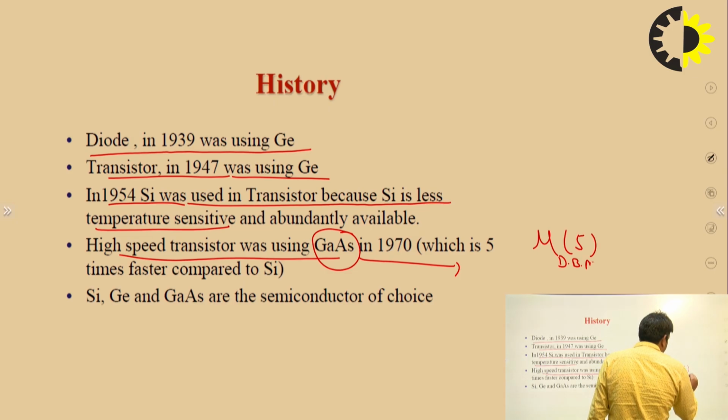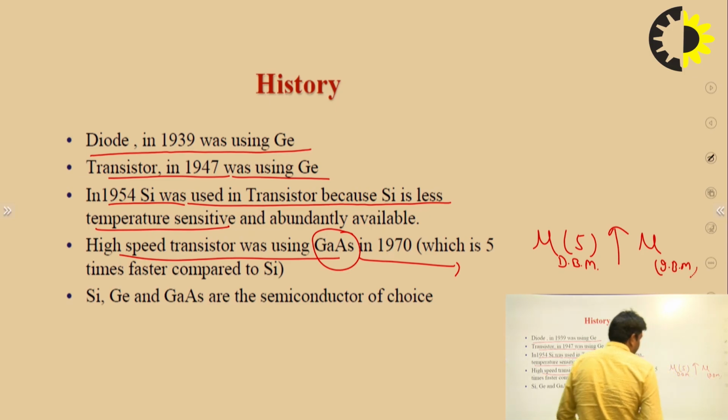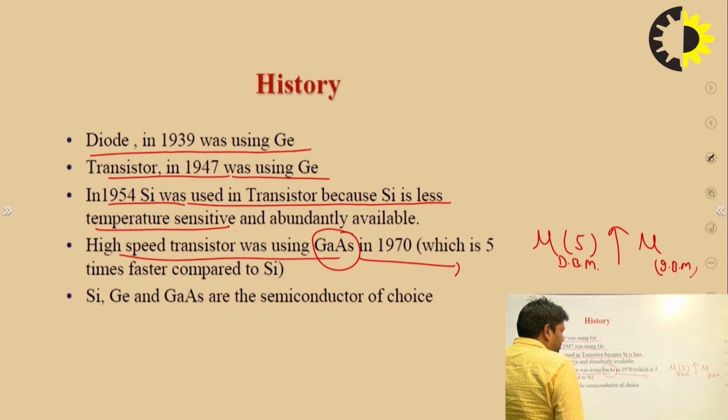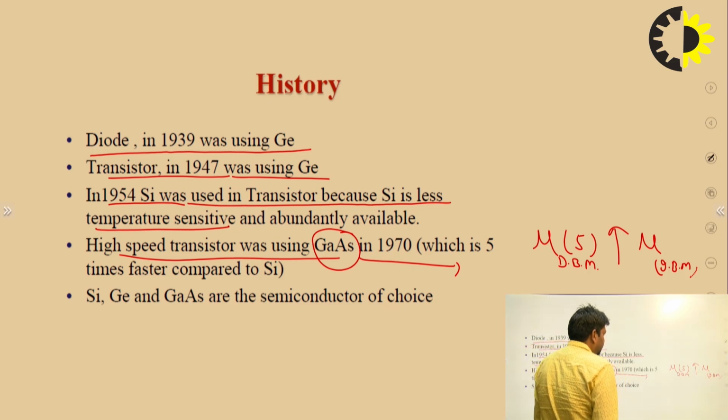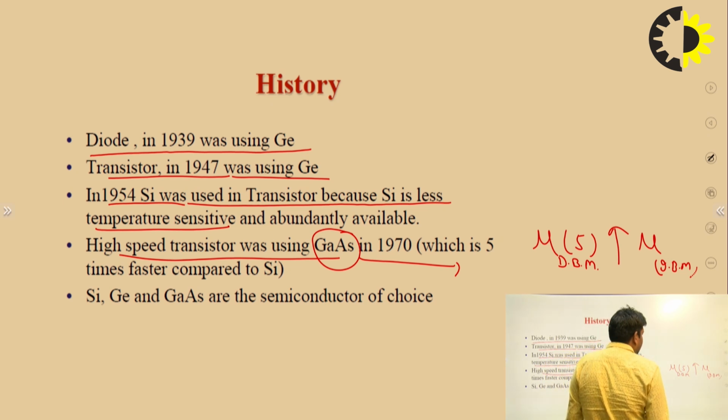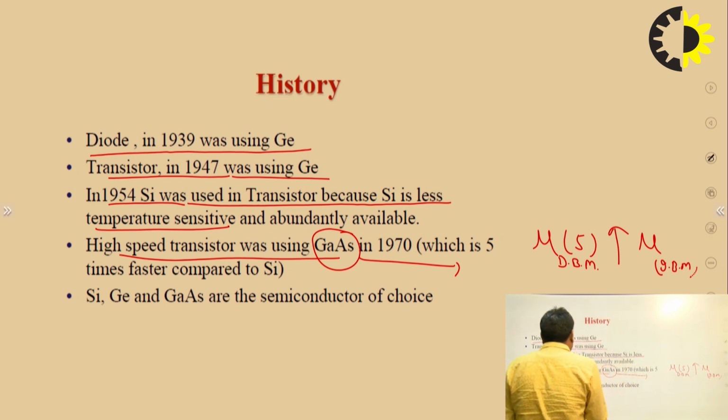So if we use a direct band gap material, the mobility of the electrons is high with respect to the indirect band gap material, so if we want faster devices, we use a direct band gap material.